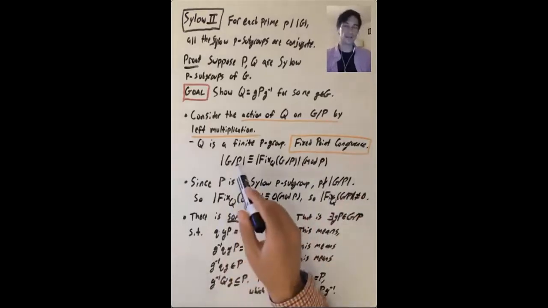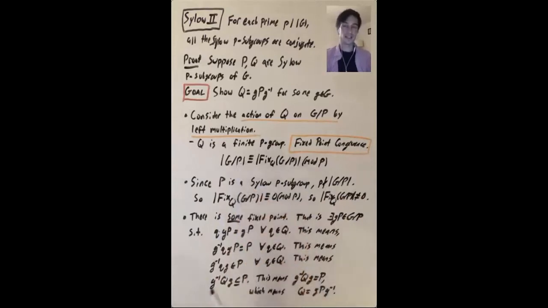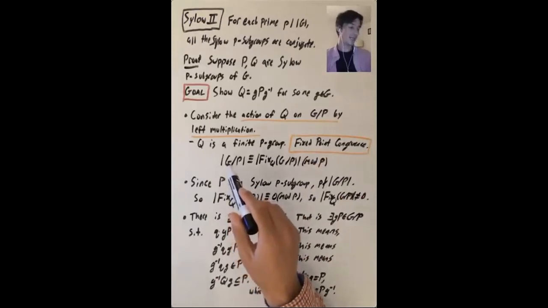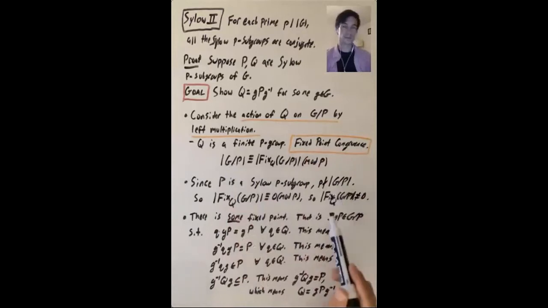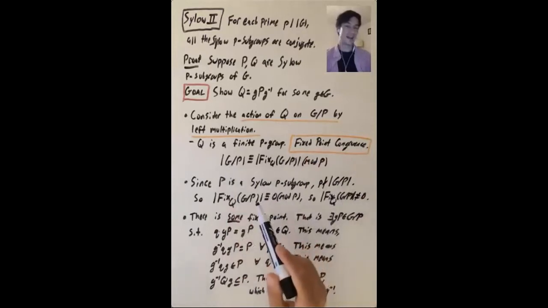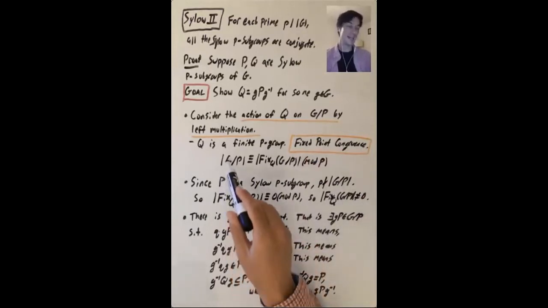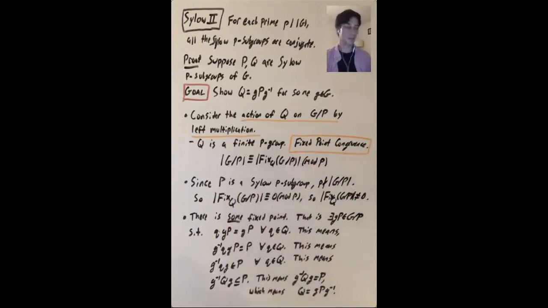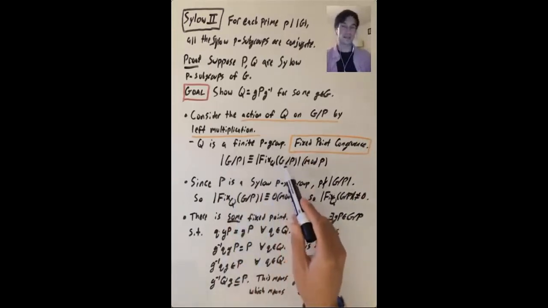What do we know about the left-hand side? This subgroup P is the Sylow p-subgroup, so p does not divide the order of this set, because the highest power of p dividing the order of G is the highest power of p dividing the order of this subgroup. That means p doesn't divide the right-hand side either.